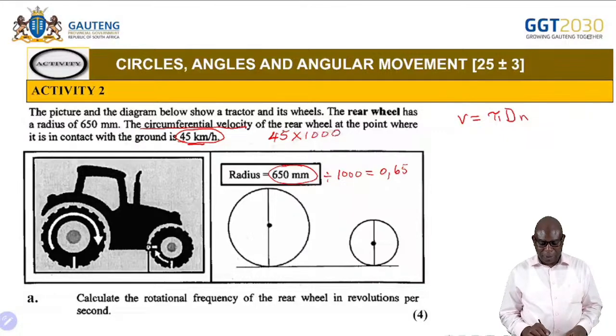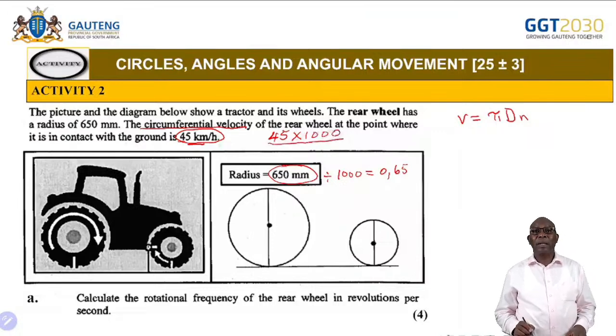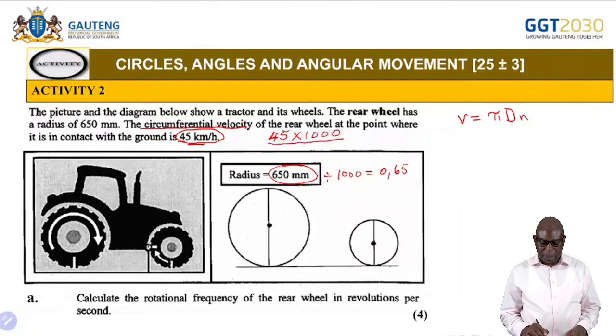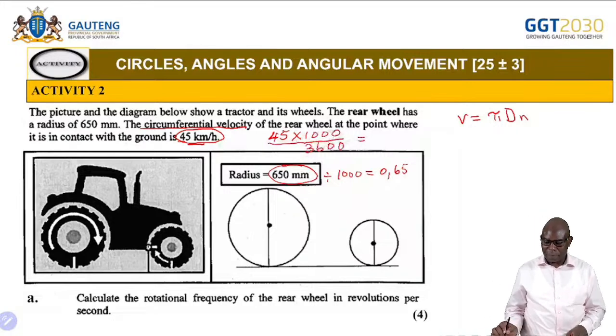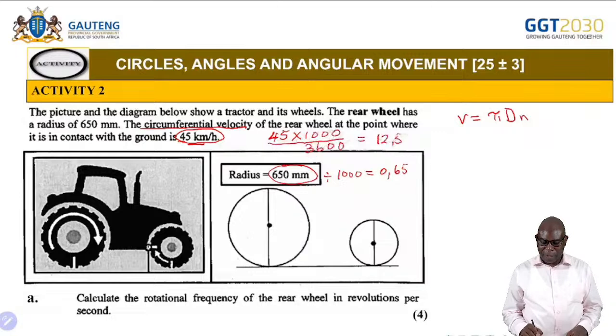Now from grade 10, I want to change per hour to per second, meaning that I must divide this by 3,600. So that's what I'm going to be doing there. Okay, so the answer that I'm going to get is 12,5 meters per second, which is my V, you see.